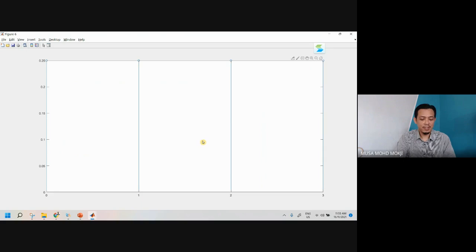Of course, not 100% perfect, because you need to label the x-axis, label the y-axis, and to be better, you should put a title on it.